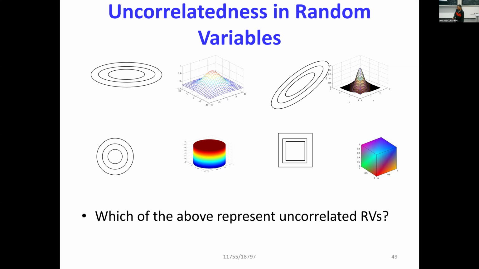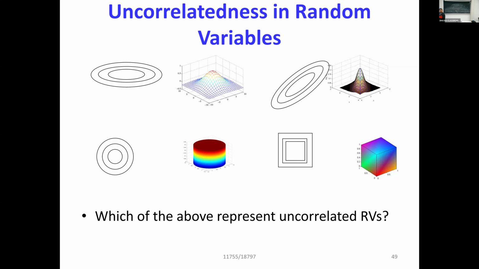So X and Y are not correlated, right? Because if I have a probability distribution that looks like this, then the mean of y is always the same across all x's.